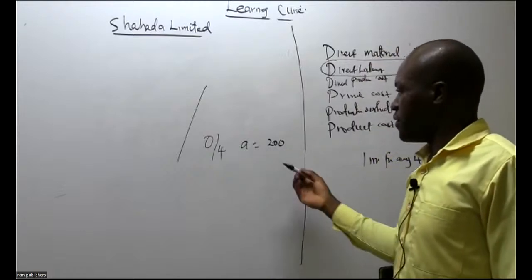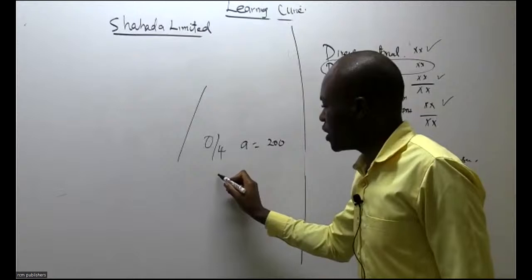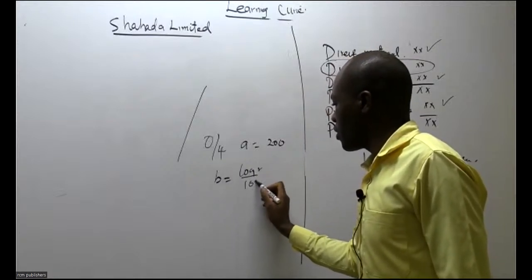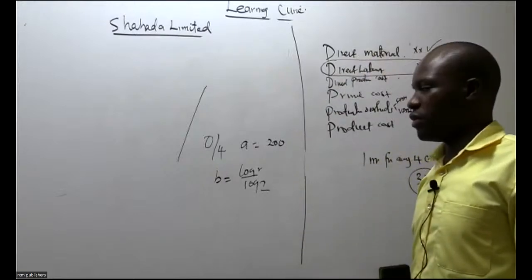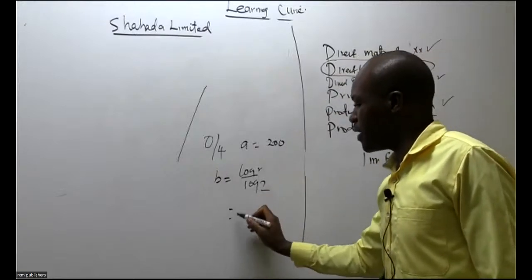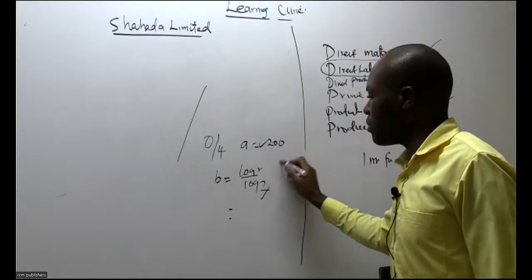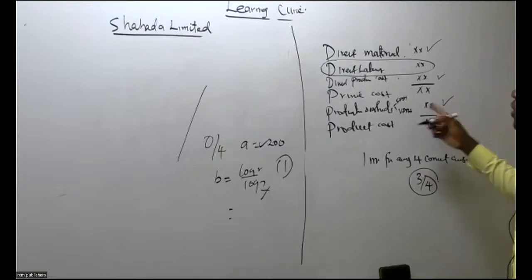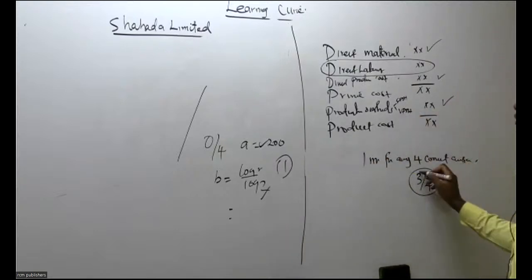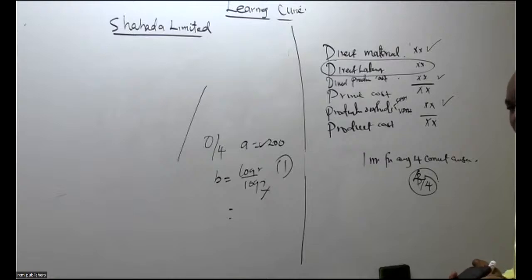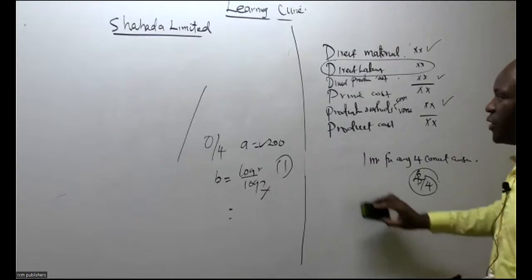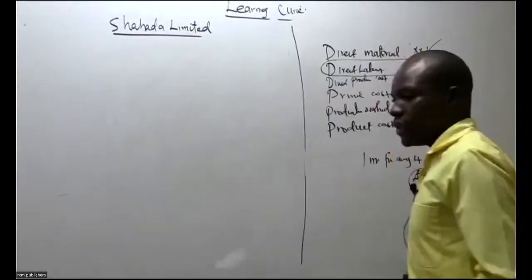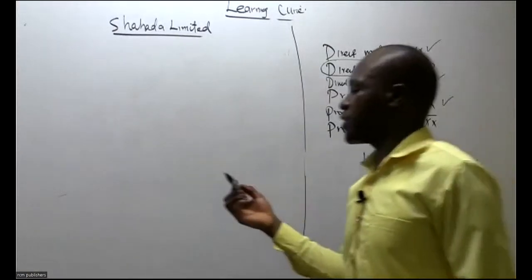Give us now that because I know how to get B equal to log R divided by log 2, calculate it and get the value of B. By just doing that, you'll have 1 mark. If you add that 1 mark to this, even without getting the correct answer, you already have your 4/4. So that's the strategy which we need to follow and try to attempt at least all the questions.